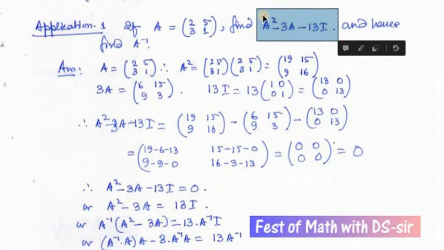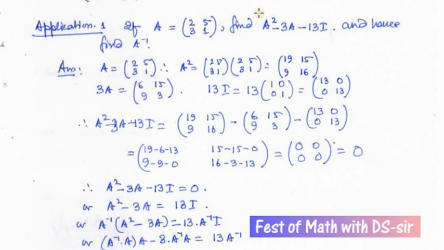Now see, A square is only possible when A is a square matrix. So A square, this into this, I multiplied these two matrices accordingly. 3A means 3 into A, so all elements are multiplied by 3. 13I, 13 into this I, so all elements are multiplied by 13.